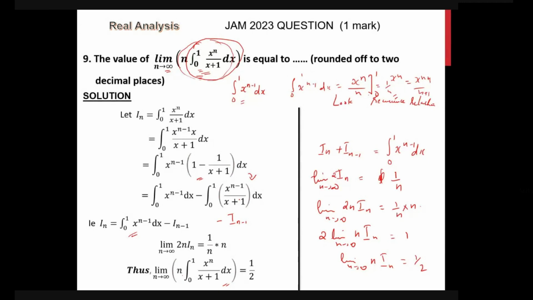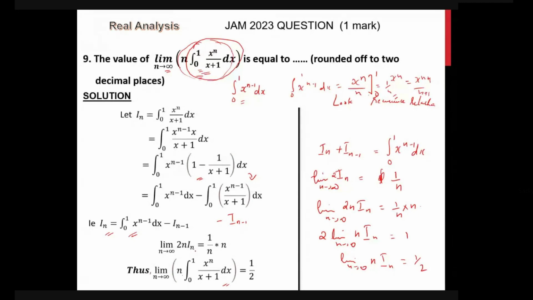Sir, when we apply the limit on the RHS, won't it become 0? Here n tends to infinity, 1 by n into n is there, right? On the LHS, you have applied the limit, on the RHS also we will apply.